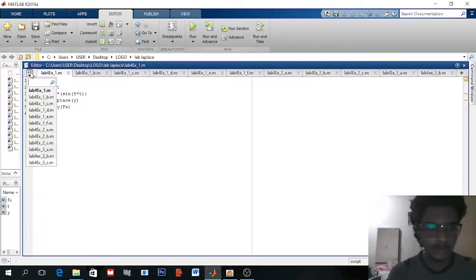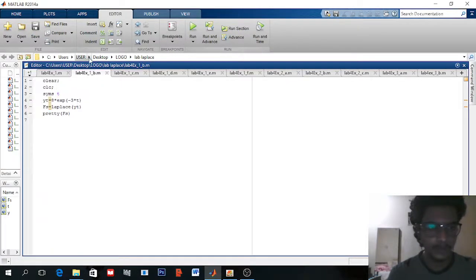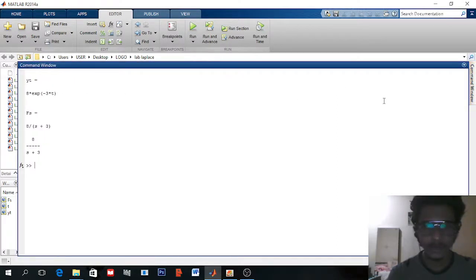Okay, as for question 2, clear CLC to clear out the window. System T, define T, the function, Laplace, and pretty FS to define and visualize the answer. This is the answer for 1B.